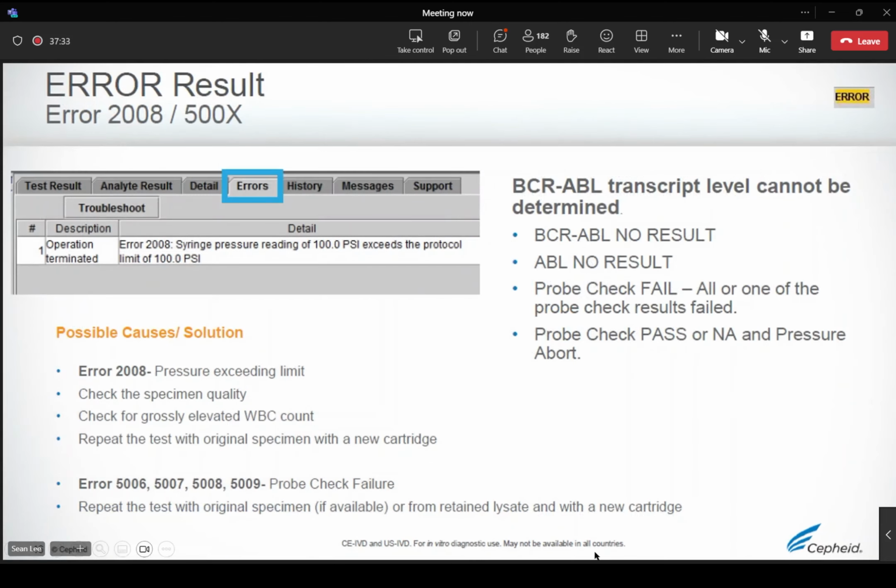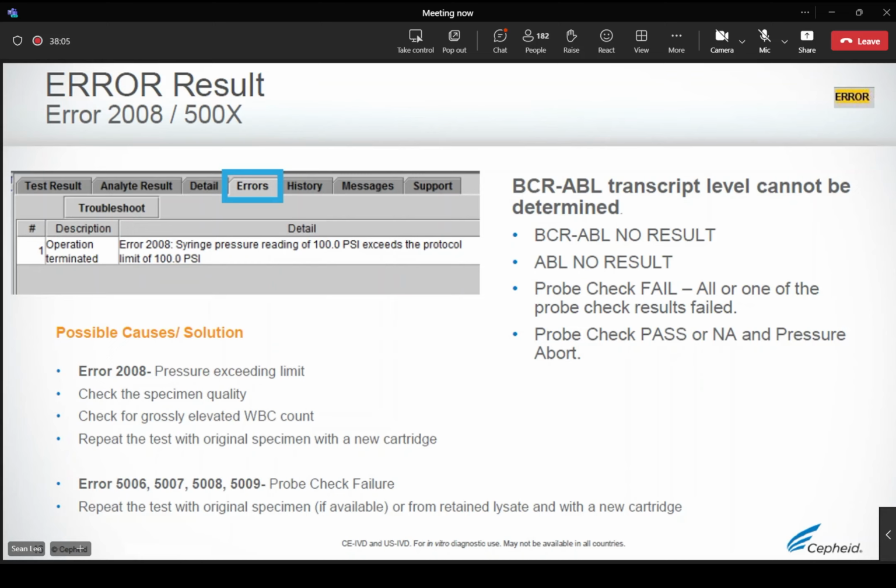There are other types of error that you might face using Xpert BCR-ABL Ultra. The common ones will be error 2008 or 5006, 5007, 5008, 5009. Error 2008 means pressure exceeding limit. This is caused by the sample: there are too high white blood cells in the sample, leading to a clog in the cartridge.